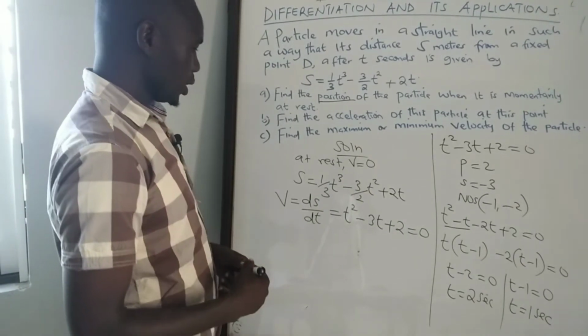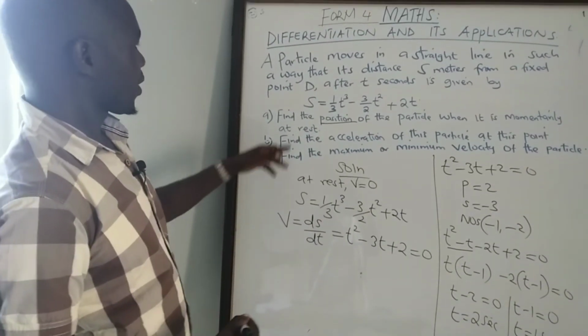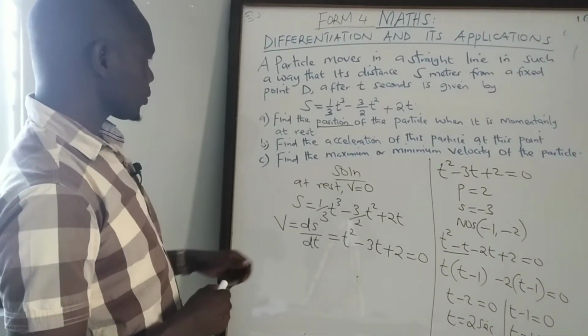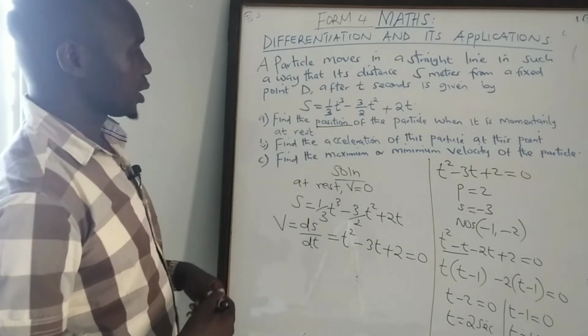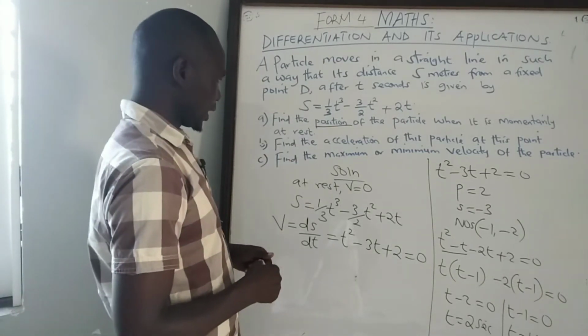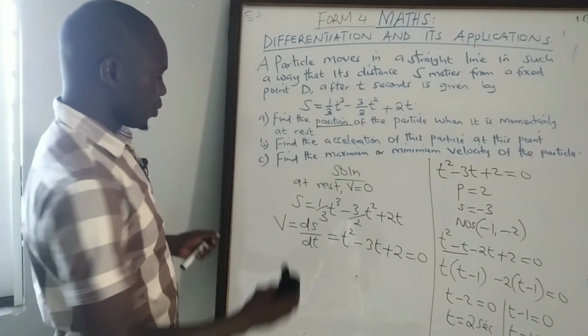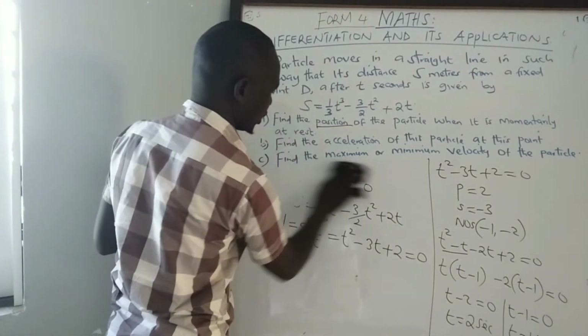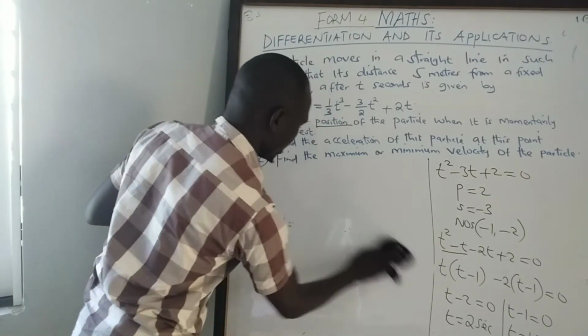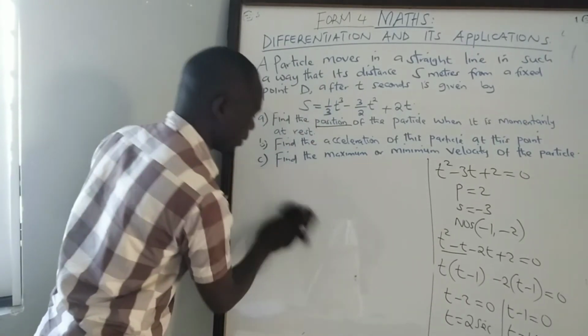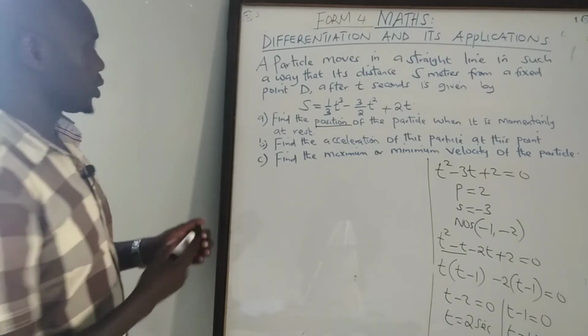But the question reads, find the position of the particle when it is momentarily at rest. Position here refers to distance, and in this case, we are going to substitute our t values back into the displacement function for us to be able to get the position.